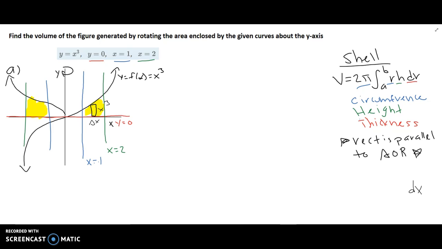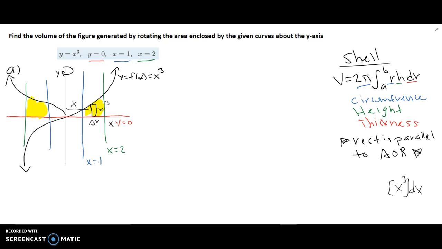So we have our height, and we know that our radius is, of course, just the distance from the axis of rotation to our rectangle that we drew. So we see that that is a difference in x values going horizontally left to right.